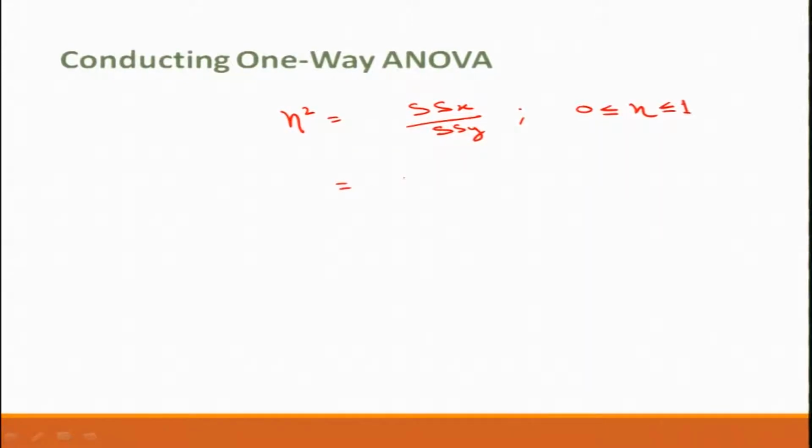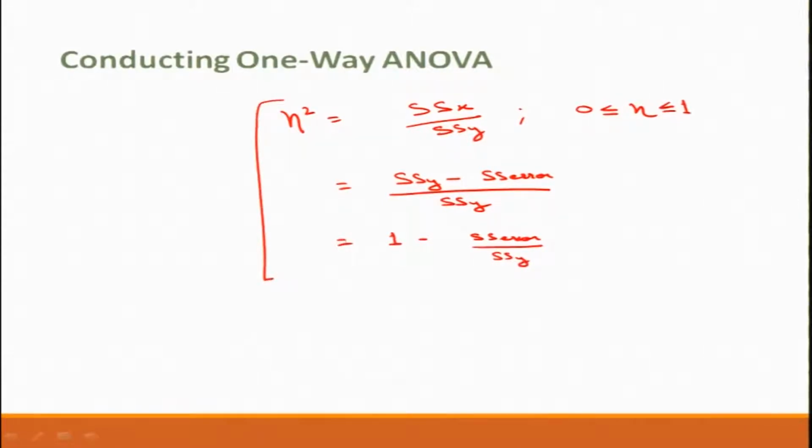This can also be put as SSY minus SS error over SSY. We can say this is 1 minus SS error by SSY. So, if you see this, we have the term SS error here.